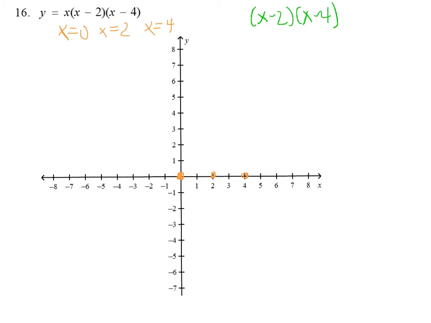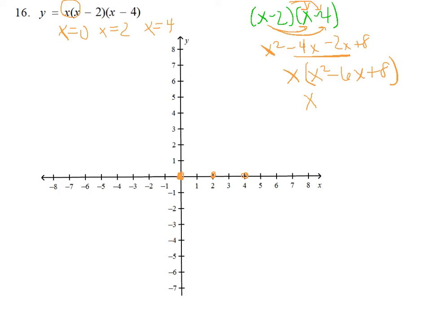So when I do that, I get x squared minus 4x minus 2x plus 8. Combine these, I get x squared minus 6x plus 8. But that whole thing still has to be multiplied by this x out front. So I get x cubed minus 6x squared plus 8x.